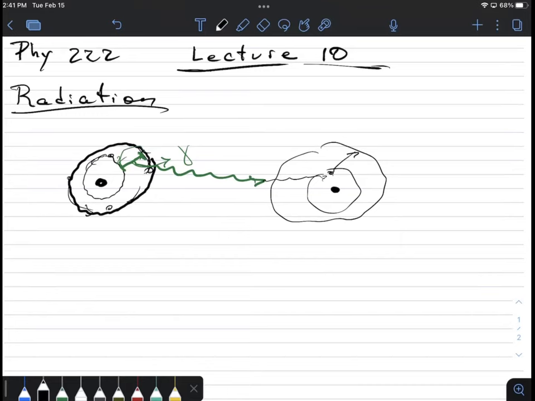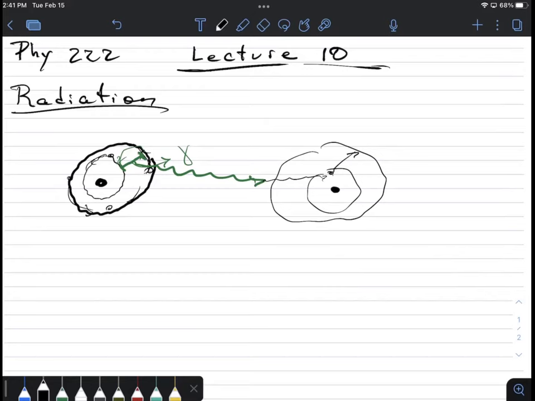So that's what radiation is in this context. It's nothing more than the energy released by the electrons moving from one energy state to another. The energy state difference gives rise to the energy of the photon. How energetic is it? What's its frequency? What's its color? If it's in a certain range, we call it heat.